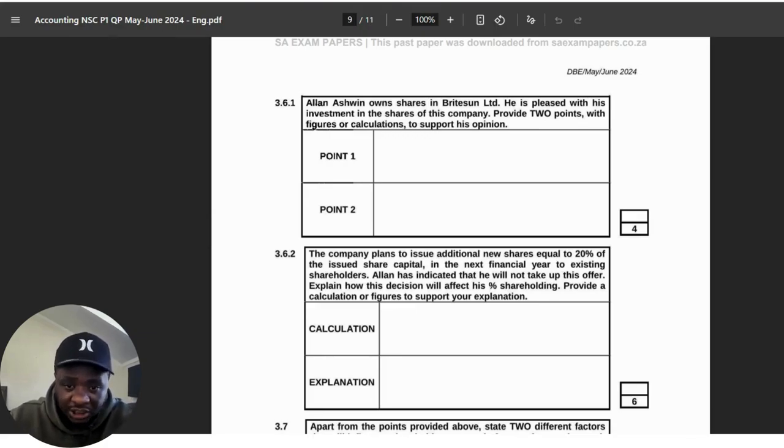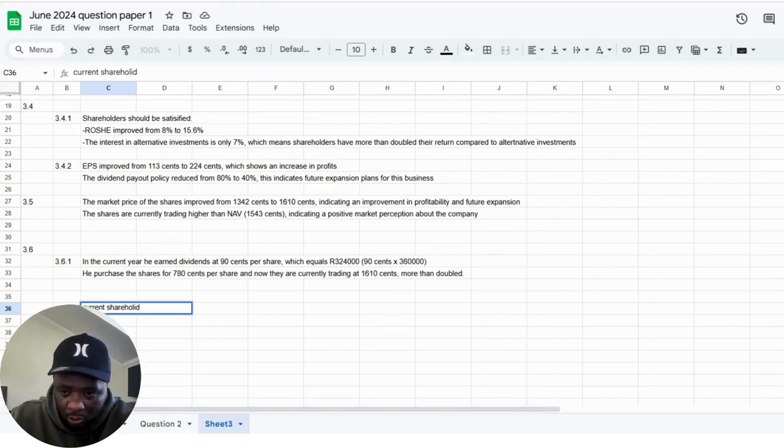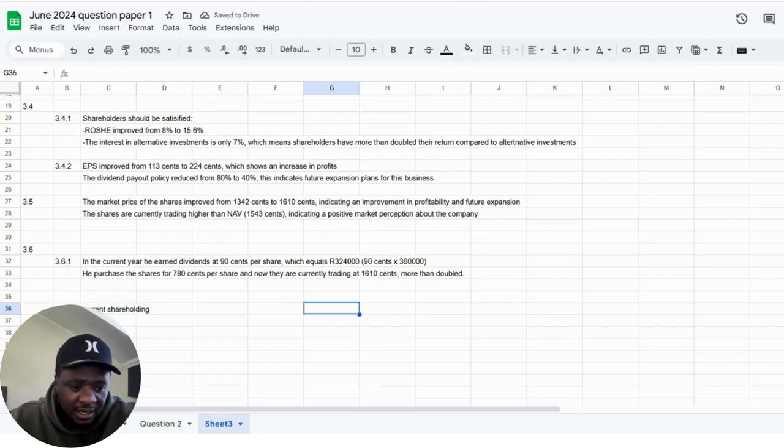So for the calculation, we're going to look at the current shareholding percentage for this particular investor. So he has 360,000 shares over how many shares?